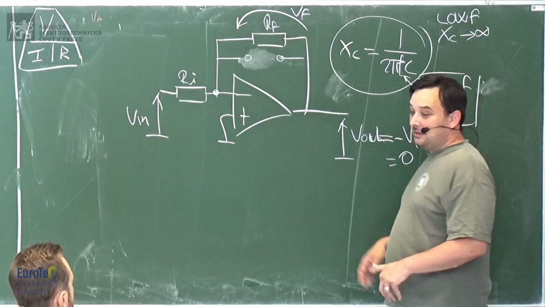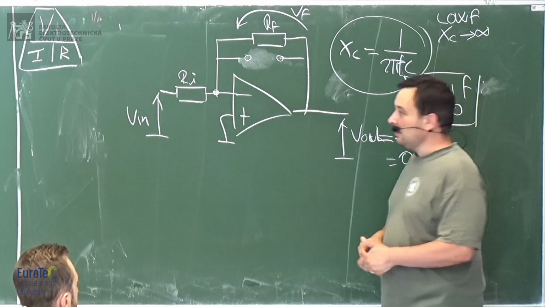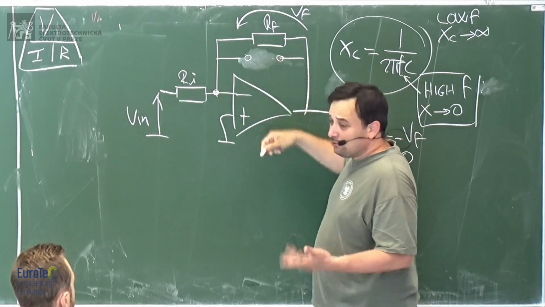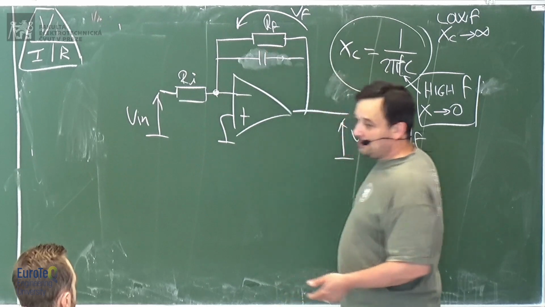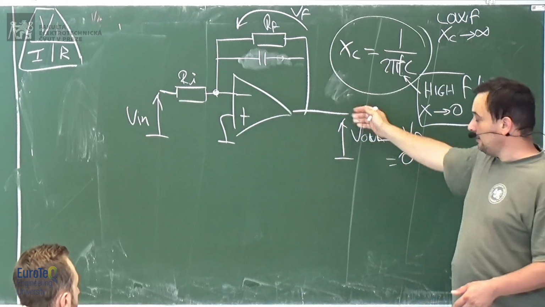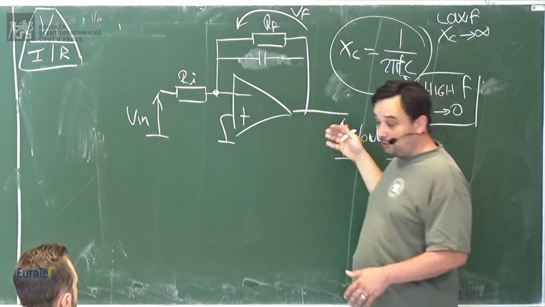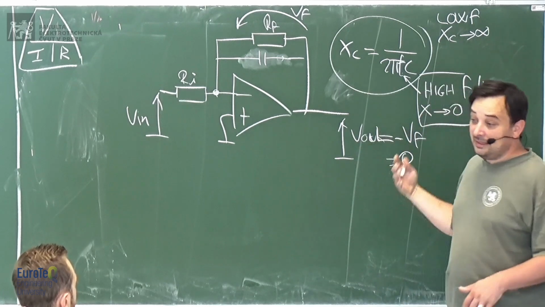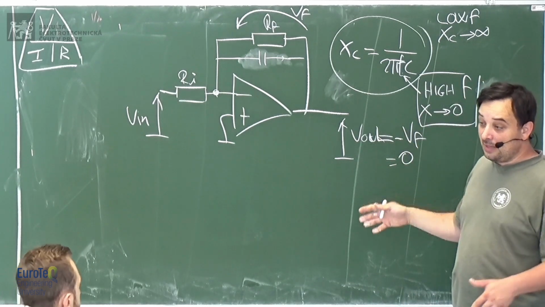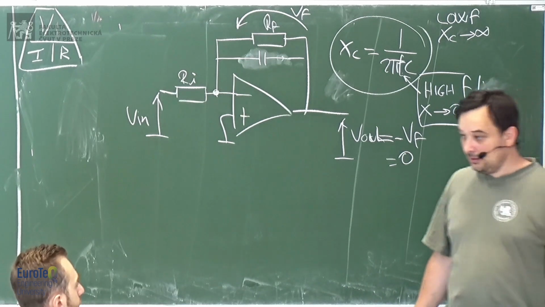If there is a lot of high frequency disturbance that you want to remove, just put a capacitor here, and the output will not show you this frequency. You will not amplify the high frequencies, only the lower frequencies. So now let's say I want to get rid of a 1 megahertz frequency.